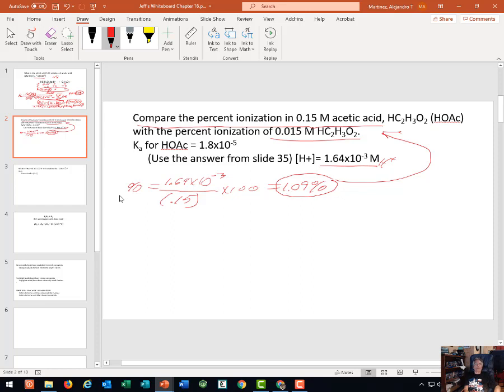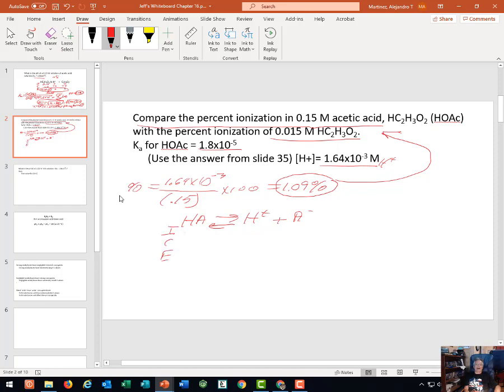So here we go. We want to calculate the percent ionization for an acid that has a tenfold dilution. Same acid, it's still acetic acid. It's still got a Ka of 1.8 times 10 to the minus 5. Here's our ICE table.